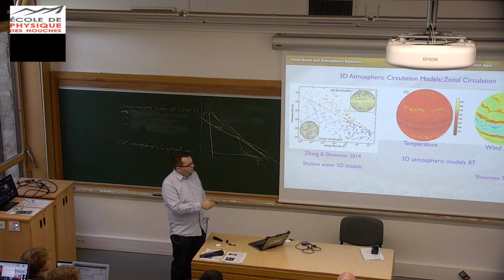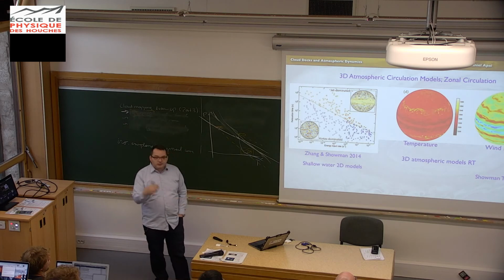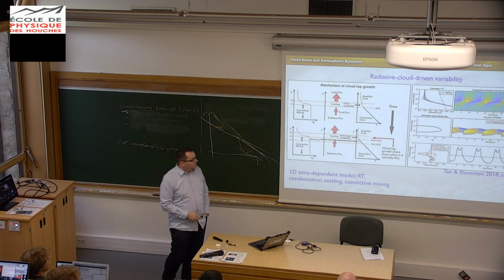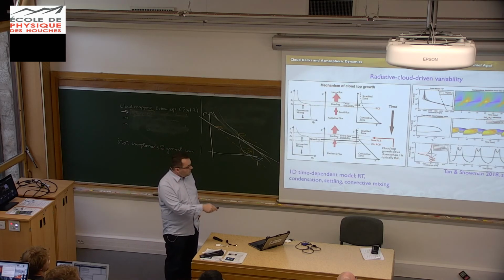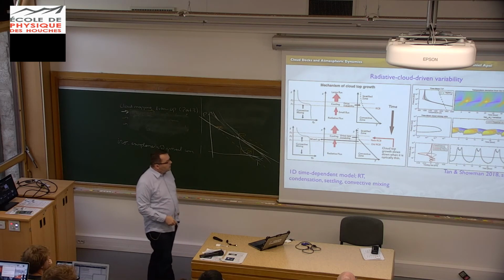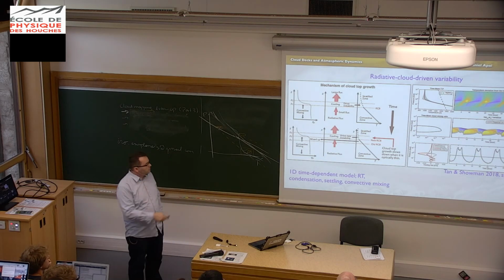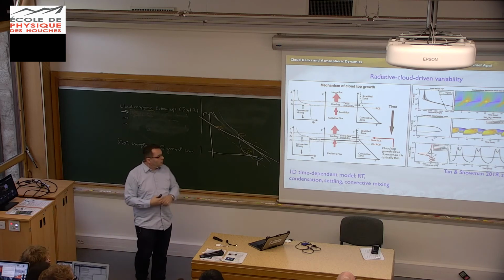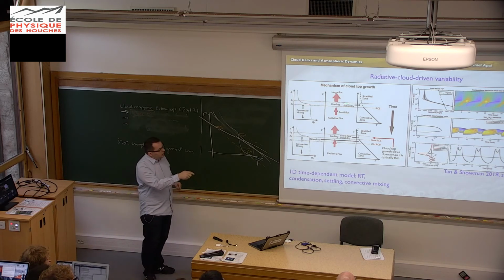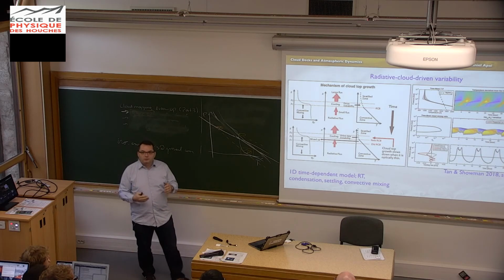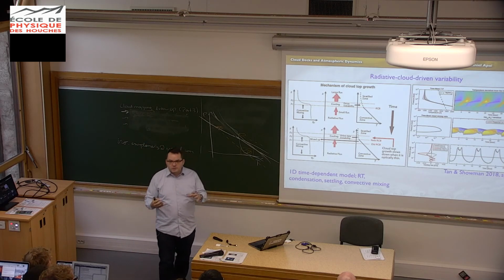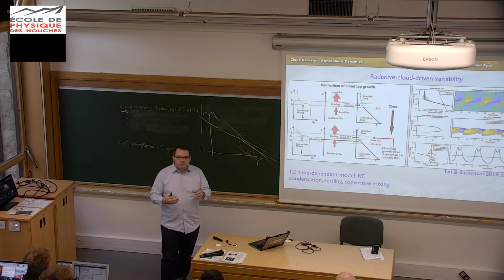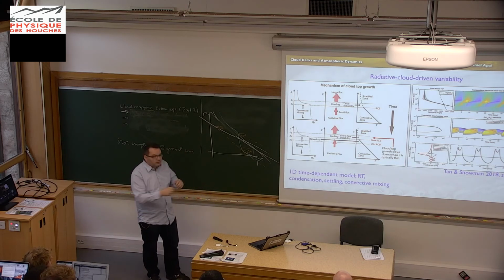Now there are 3D atmospheric models that create banded structures in brown dwarfs, and in a new paper that's under review, a new model was proposed by Shan Yun Ten for radiative convective driven cloud variability, where basically clouds form at the radiative convective boundary, and when you introduce clouds, you change the opacity, which pushes the pressure temperature profile to change.